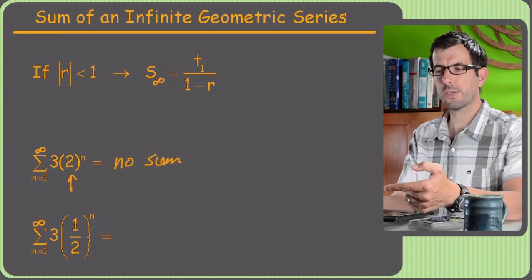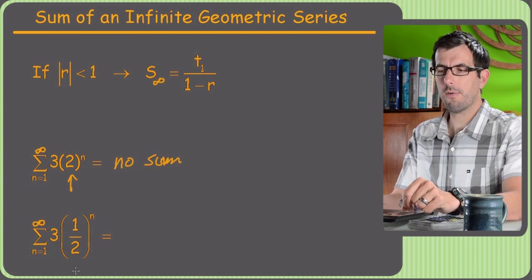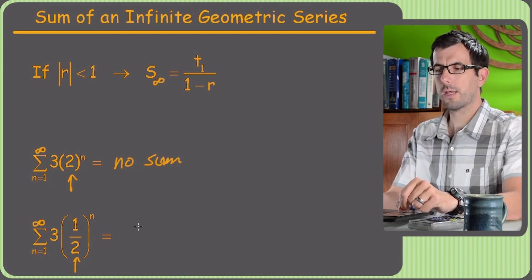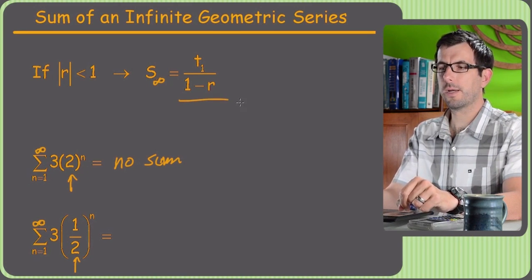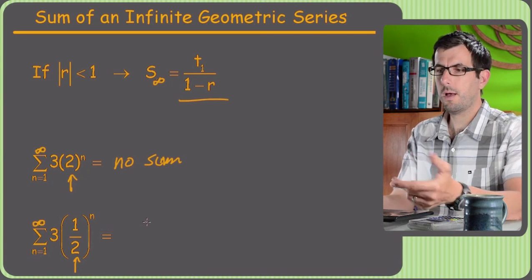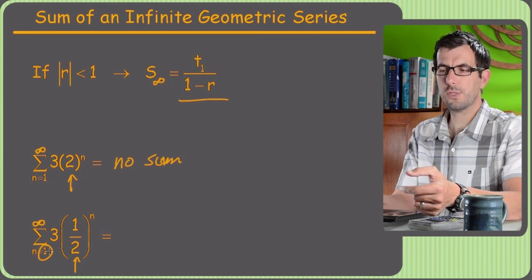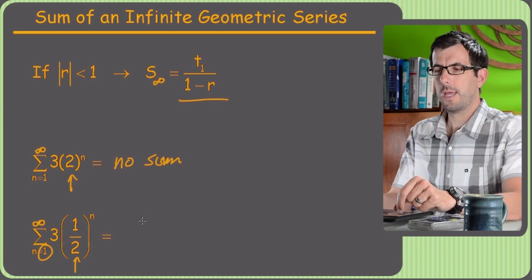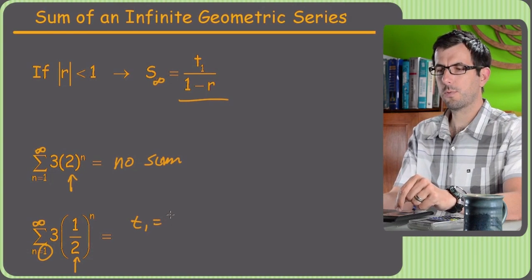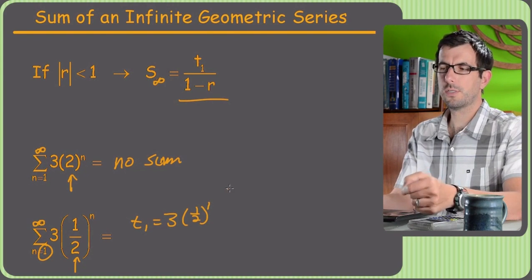And then this one is actually going to work out because I've got an r of 1/2. So all I got to do is use my infinite sum formula here. Now what's t sub 1? All I have to do is plug in the first number, which in this case is 1, and I'll get t sub 1 equals 3 times 1/2 to the 1, which is just 3/2.